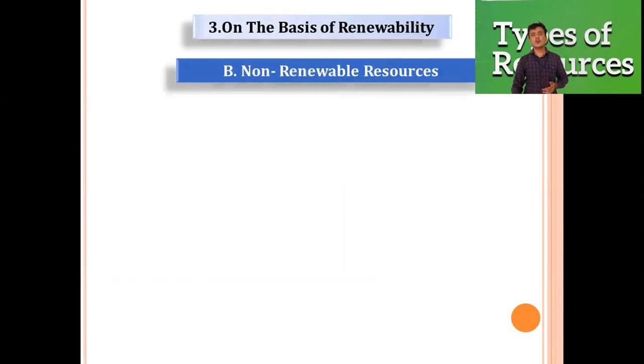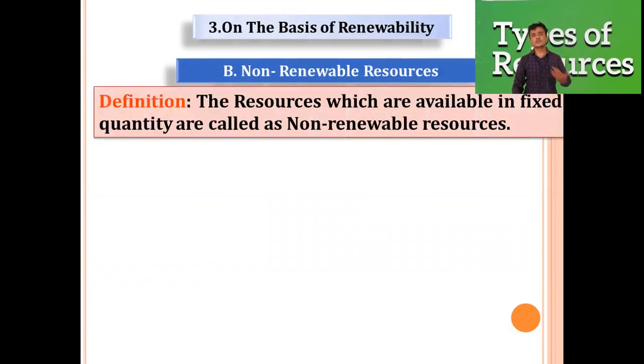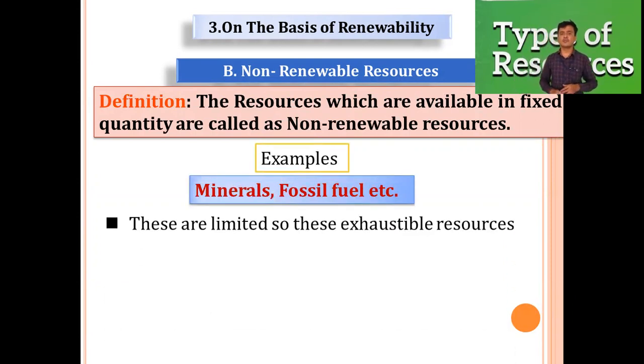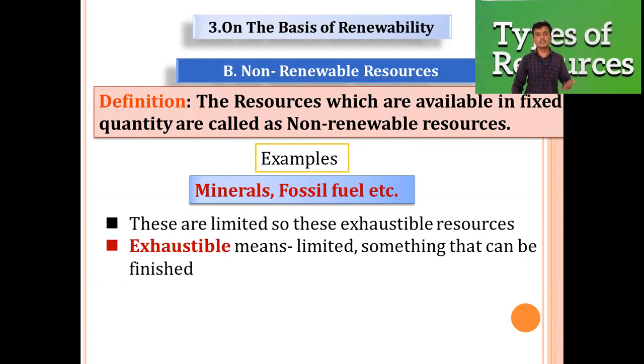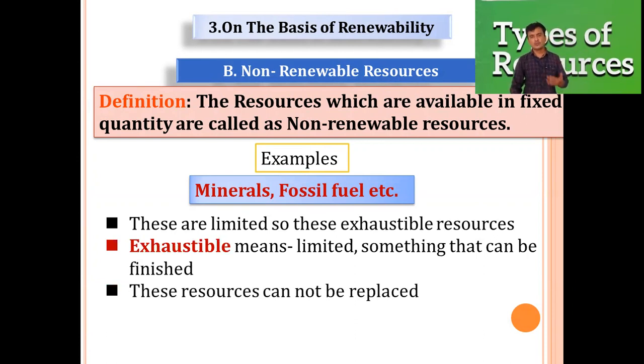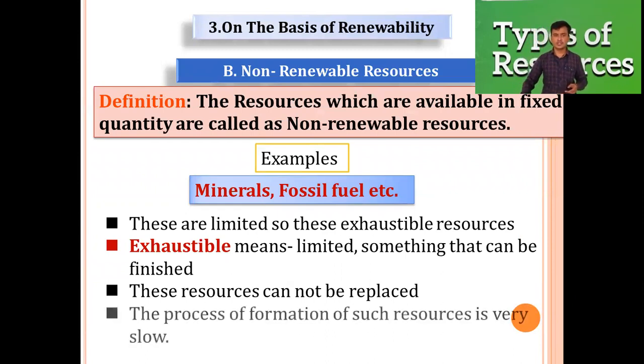Then the second is the non-renewable resource. The resources which are available in a fixed quantity are called non-renewable resources, like minerals, fossil fuels, etc. These are limited, which means if you use them excessively, they can be finished in future. That's why these are also known as exhaustible resources. These resources cannot be replaced.